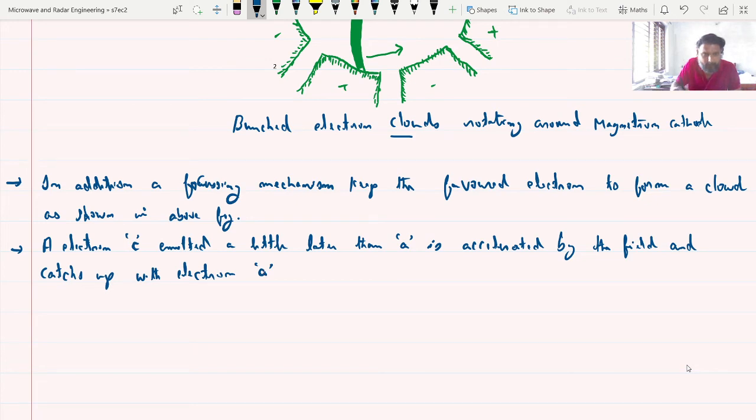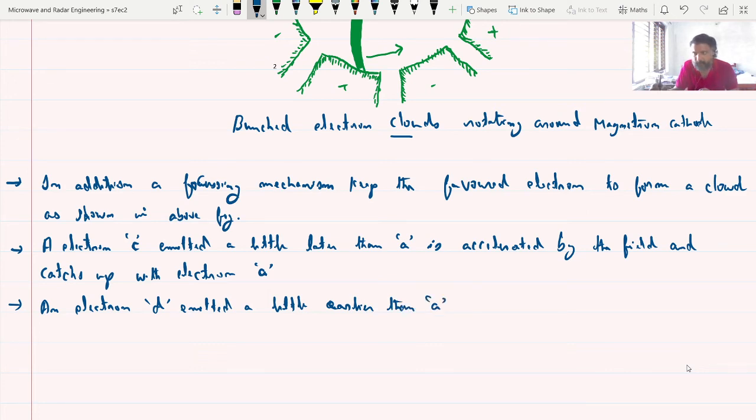Similarly an electron D emitted a little earlier than electron A is retarded.